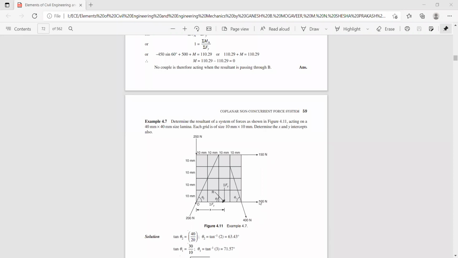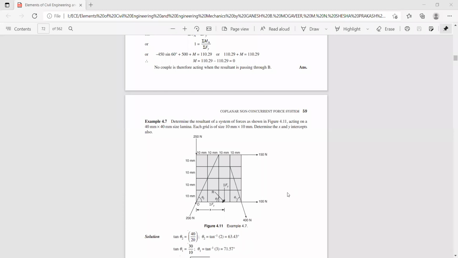And this angle is theta 1, this force is directed towards the fourth quadrant, so this angle is also theta 1, that is 71.57. If you resolve this force, its x component is 400 cos 71.57. So thereby sigma f of x is 200 cos 63.43 plus 150 plus 100 plus 400 cos 71.57.